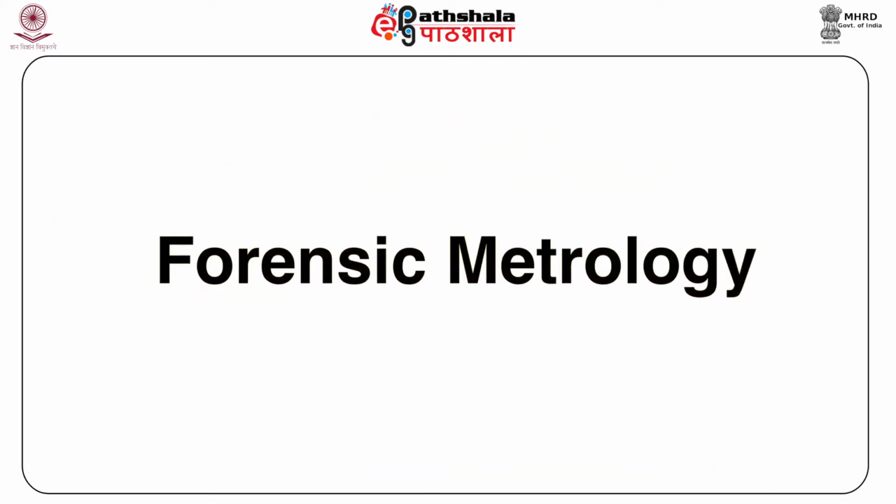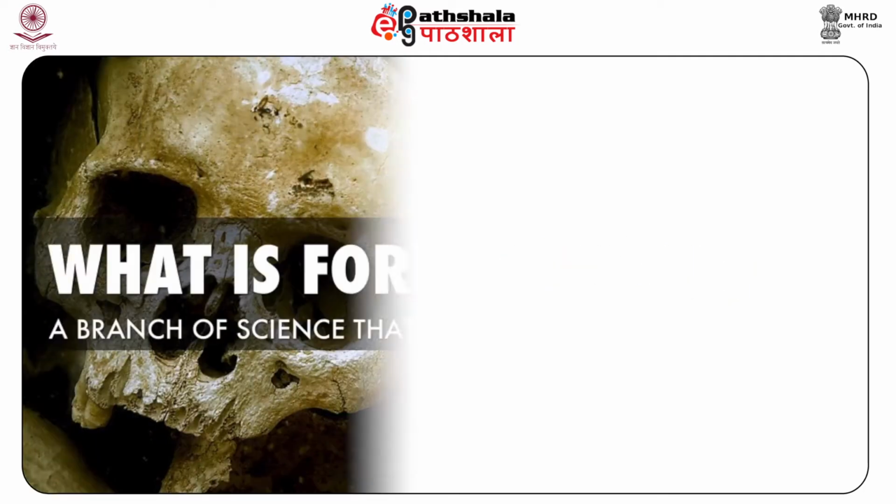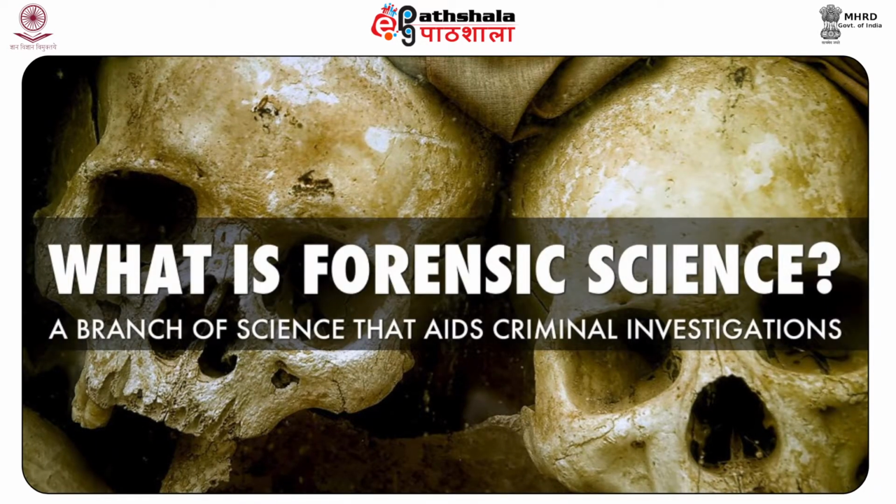Next is forensic metrology. Forensic science, being multidisciplinary in nature, has different branches in forensic science laboratories. One of the important divisions of the forensic science laboratory, whose services are used by almost all branches, is named forensic metrology, which deals with measurements.